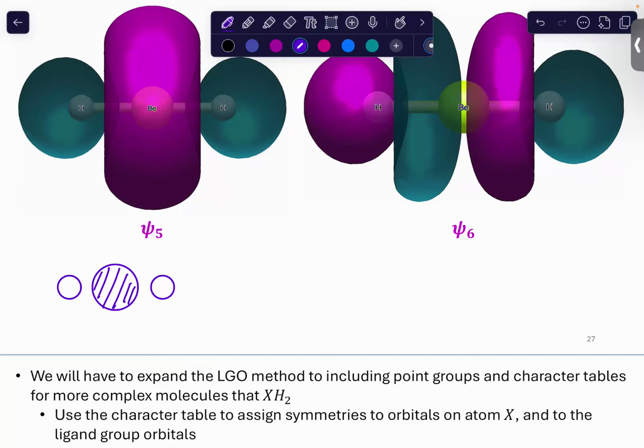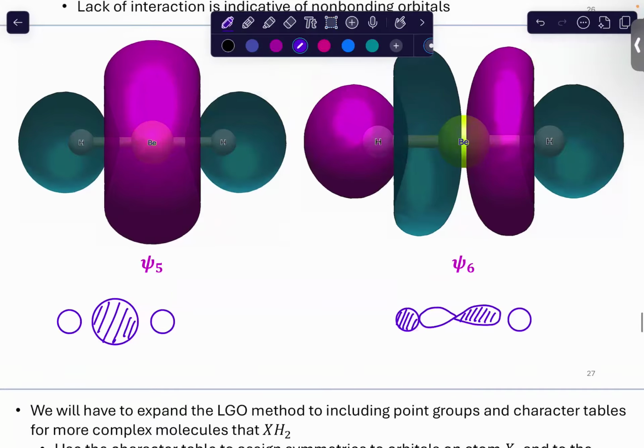Versus psi 6, let me get my LGO2 and my PZ orbital. So again, as they interact, those p orbitals get sandwiched a bit and they flatten out.